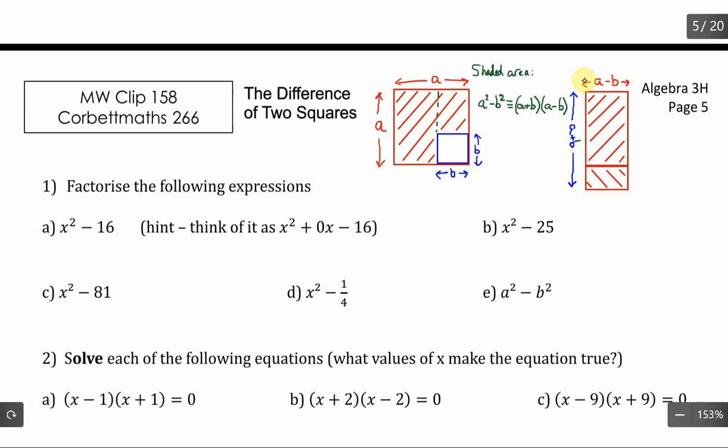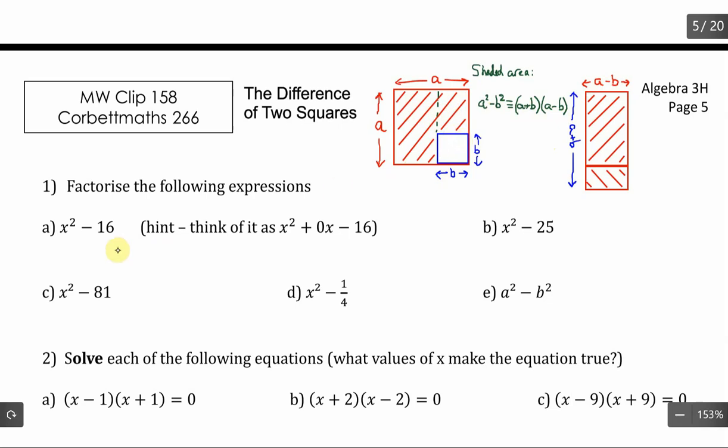So this new shape has the same area as the shaded shape here, but it's just a rectangle with a width of a minus b, but its height is now a plus b. And therefore we can say that a squared minus b squared is equivalent to a plus b times a minus b. And this is what we call the difference of two squares, because the difference is what you get when you subtract, and we started with two squares.